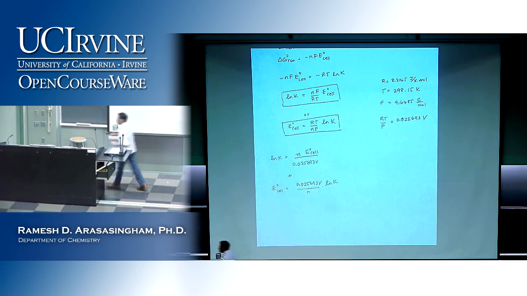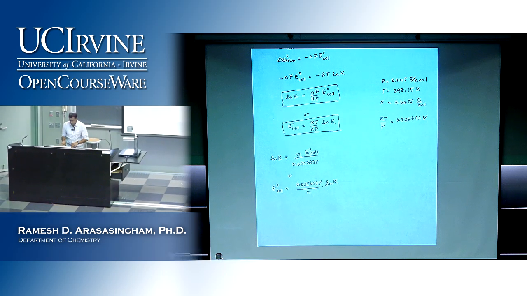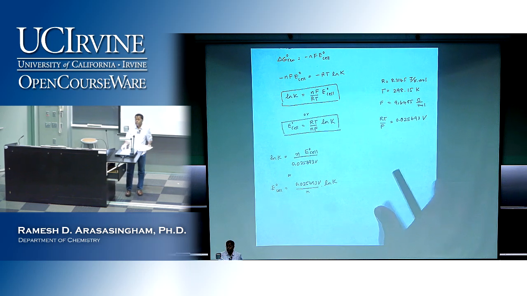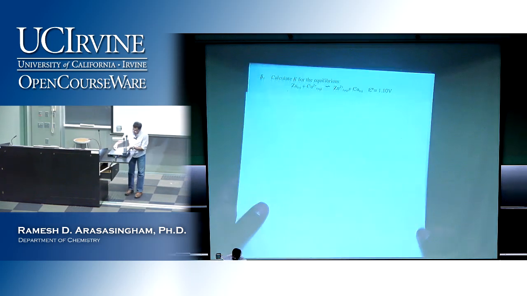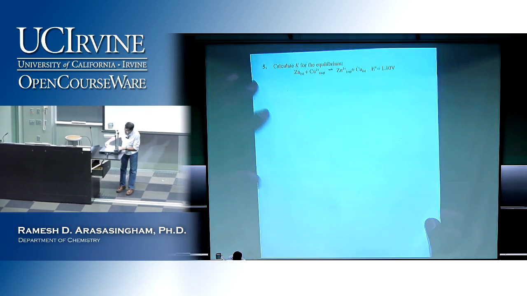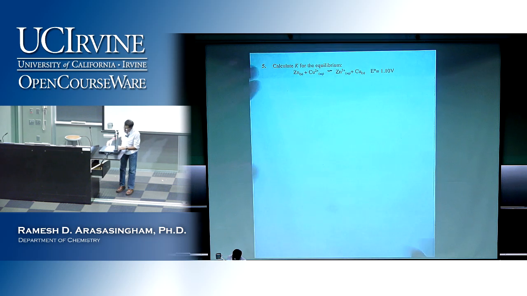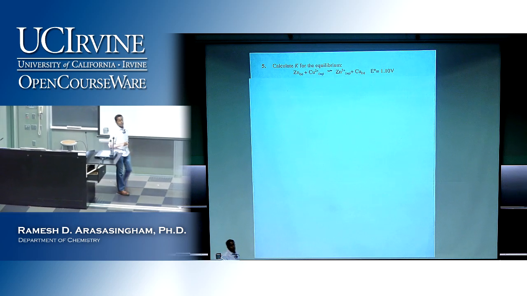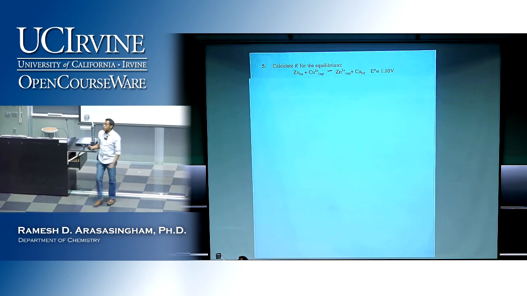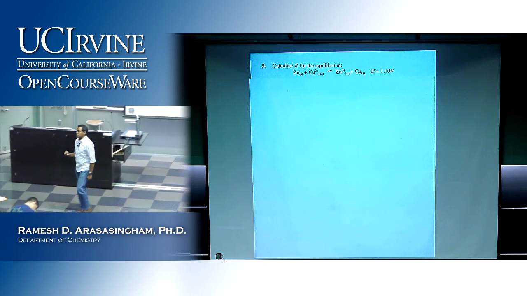Okay, so if you turn to that problem on the worksheet, you can see that you're asked to calculate K, the equilibrium constant, for the reaction that we've been looking at all along, which is the reaction in the Daniell cell.